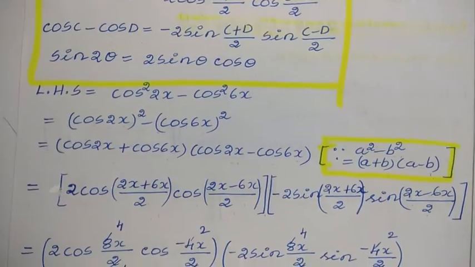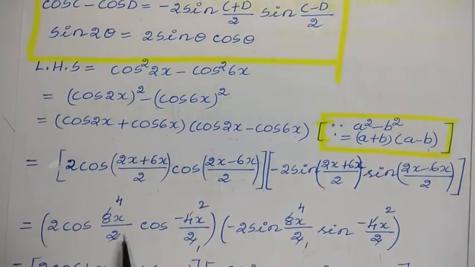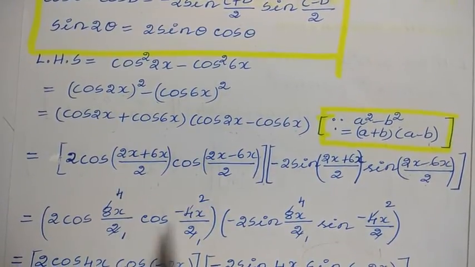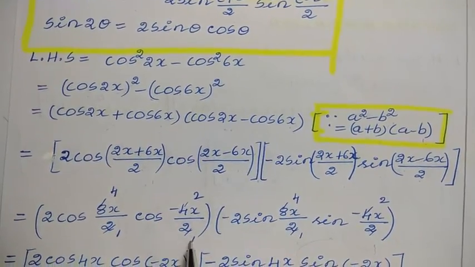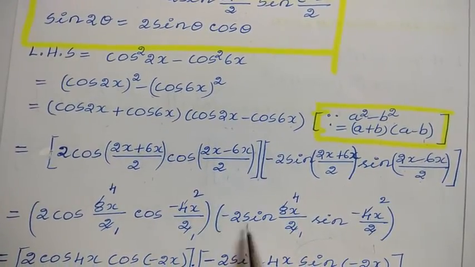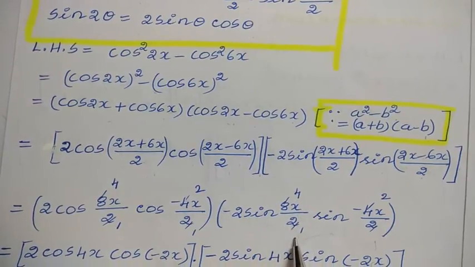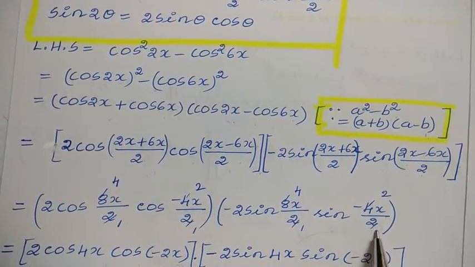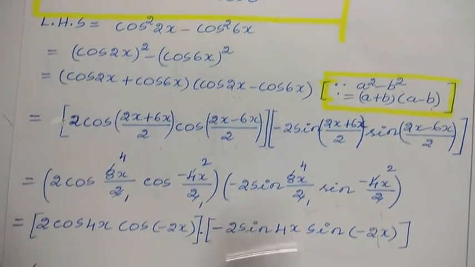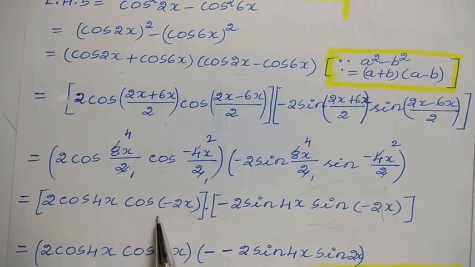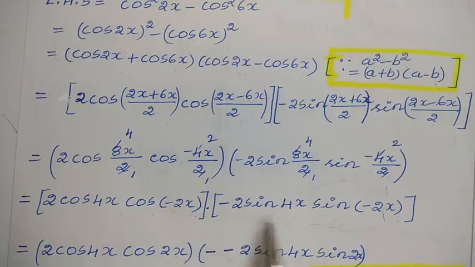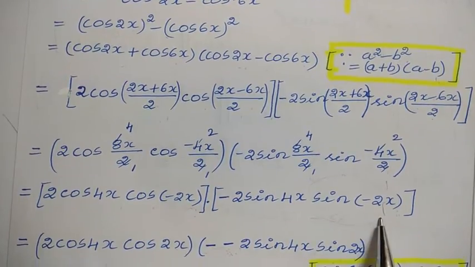Now this becomes 2 cos 8x divided by 2 into cos of minus 4x divided by 2, into minus 2 sine 8x divided by 2 into sine of minus 4x divided by 2. You can cancel the values, and after cancellation you get 2 cos 4x into cos minus 2x, minus 2 sine 4x into sine minus 2x.